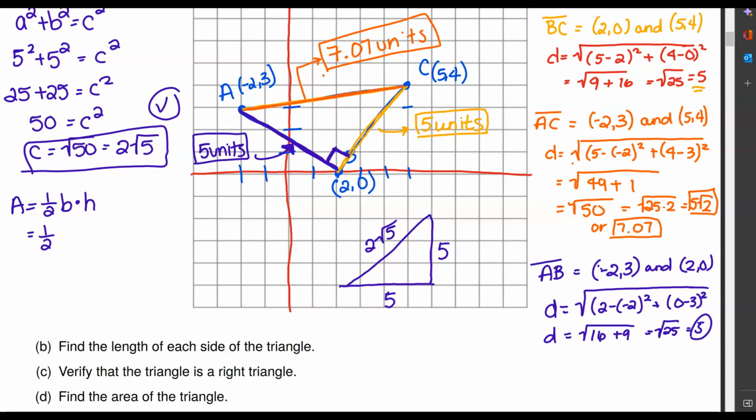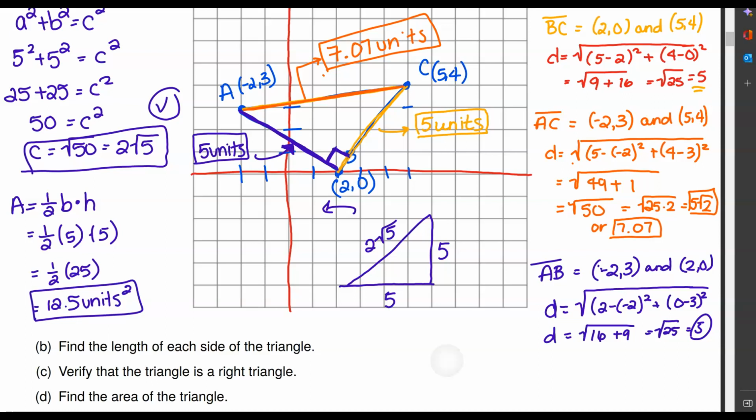So my base would have been 5, and my height would have been 5. So we end up with 1/2 times 25, so we'd end up with 12.5 units squared as the area.